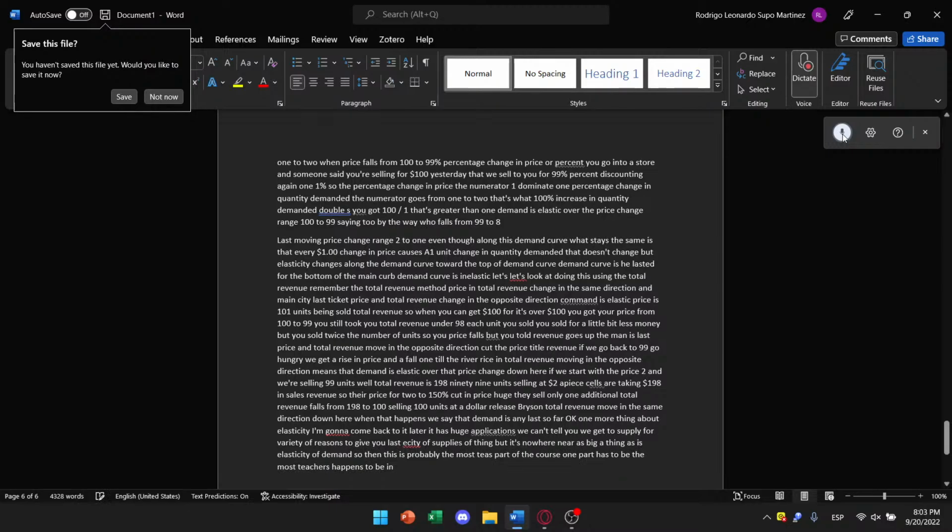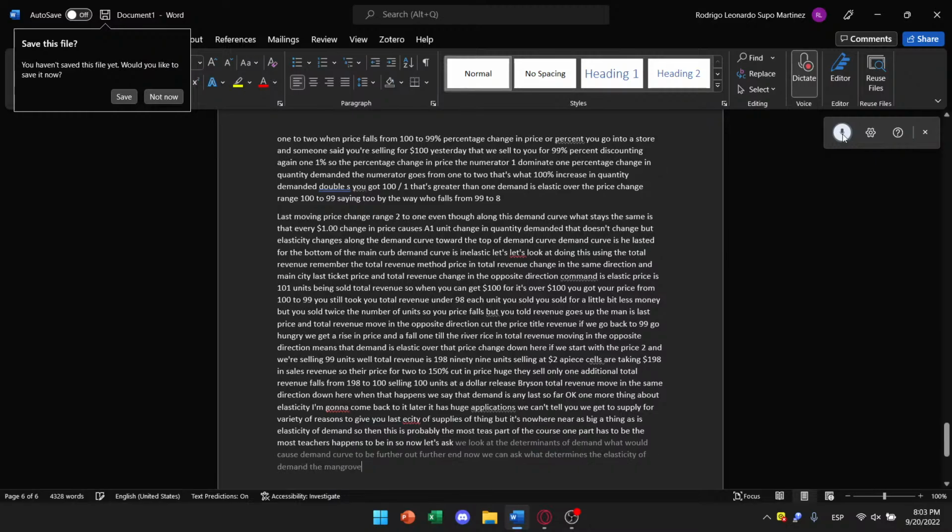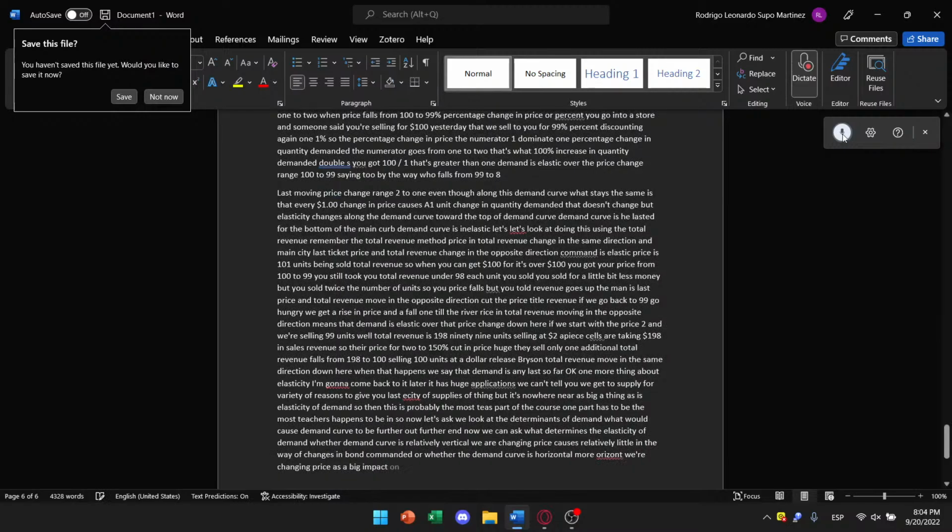So now let's ask, we look at the determinants of demand, what causes the demand curve to be further out or further in. Now we can ask, what determines the elasticity of demand, whether the demand curve is relatively vertical, where a change in price causes relatively little change in quantity demanded, or whether the demand curve is more horizontal, where a change in price has a big impact on quantity demanded.